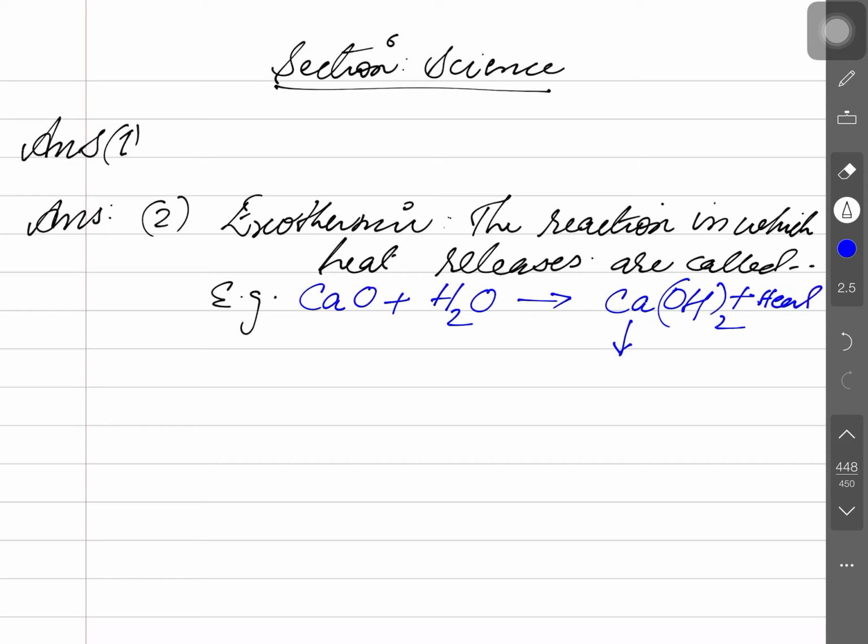Sometimes in some textbooks this is written as delta H. You will study these symbols in detail from the 11th class. This is the chemical equation always to be written while writing the answer in chemistry.